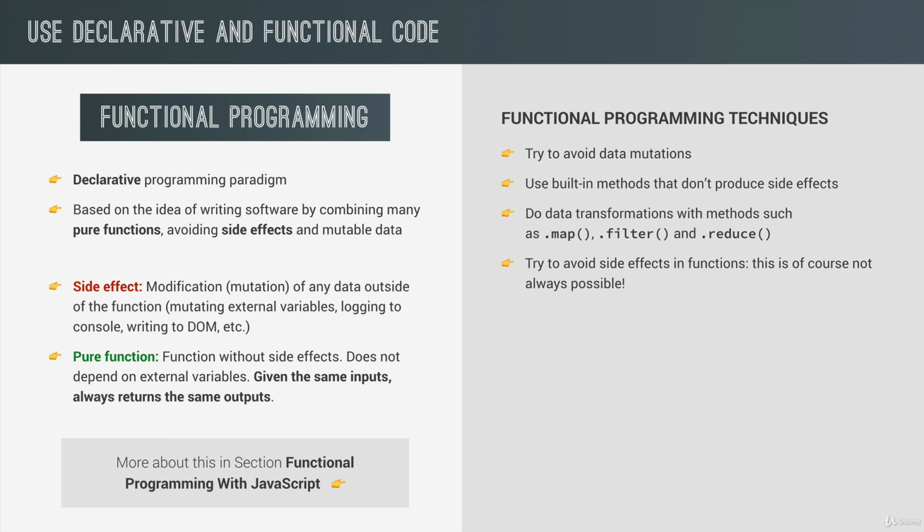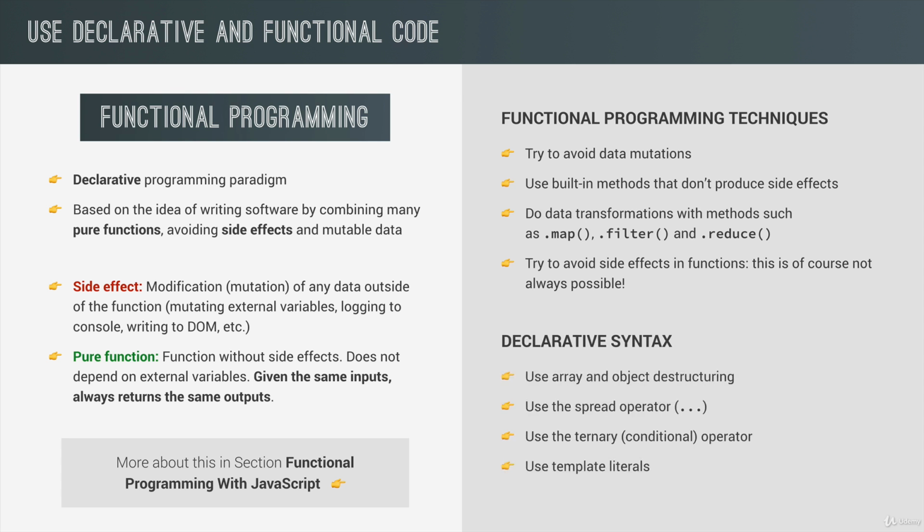All right. And now to finish, let's come back to declarative syntax, because functional programming is only a part of using and writing declarative code. So in order to write code that is more declarative, you should use array and object destructuring whenever that's possible. You should also use the spread operator, the ternary operator, and also template literals whenever that is possible.